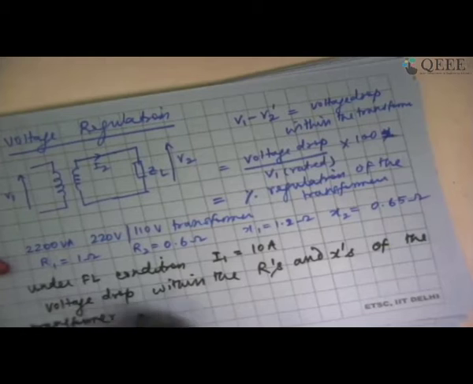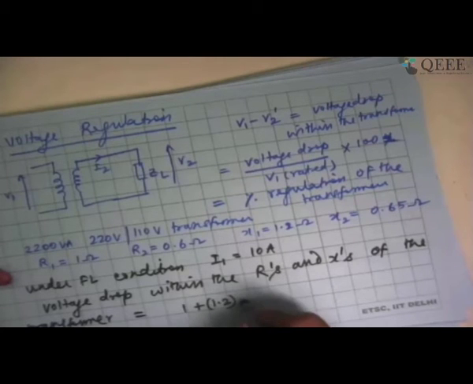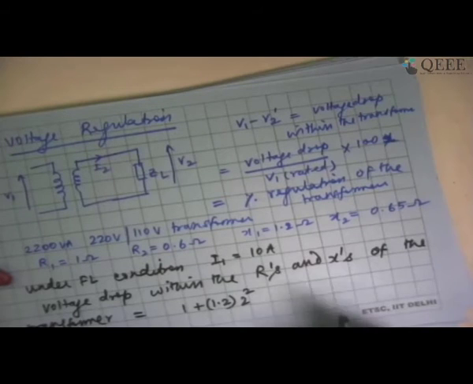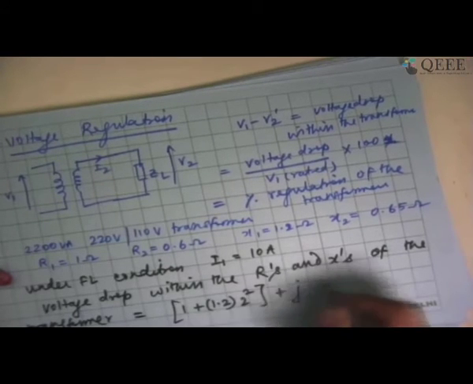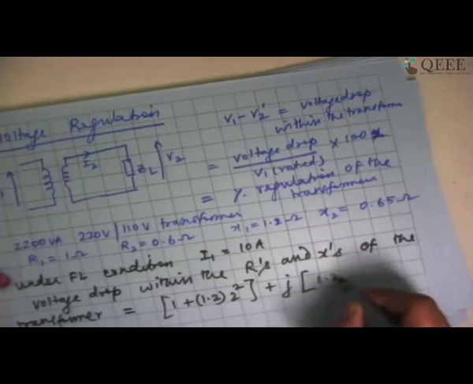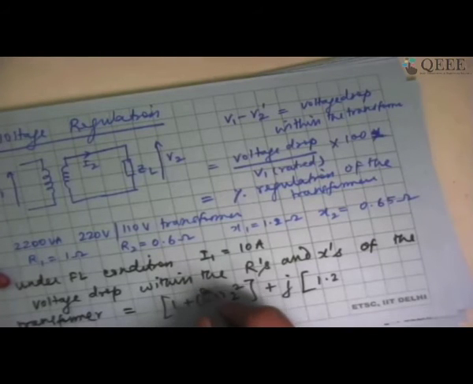I can calculate that to be (1 + 1.2 × 2²) because (N1/N2) the whole square is 2². This is the resistance, plus j into, I should say 1.2, no, I'm sorry, this is 0.6.